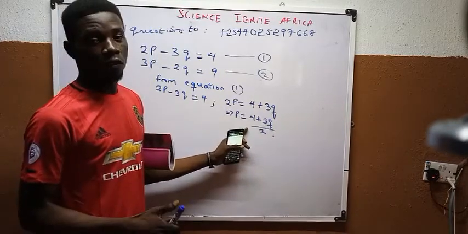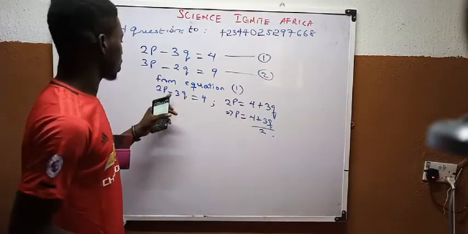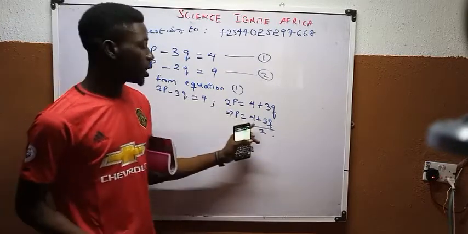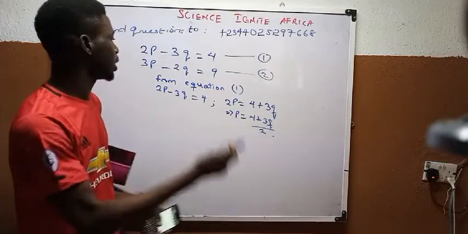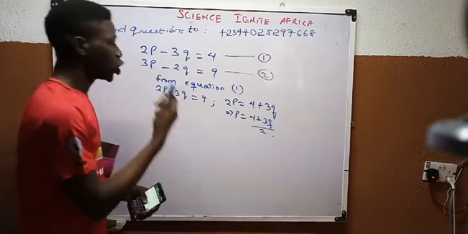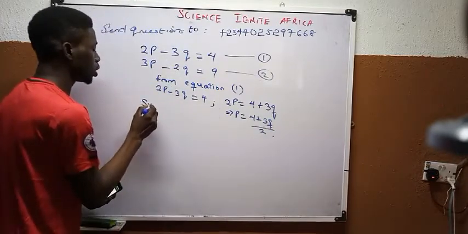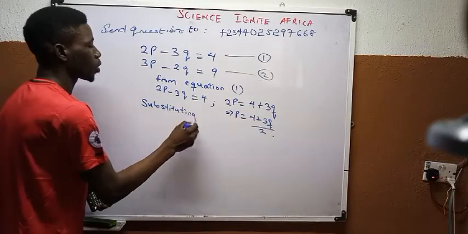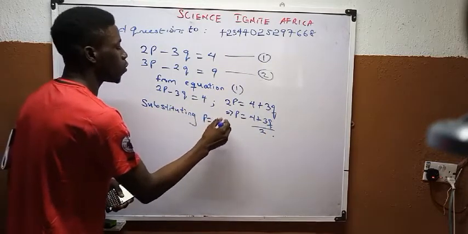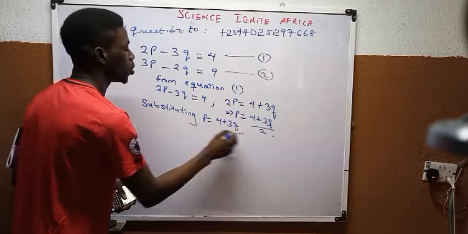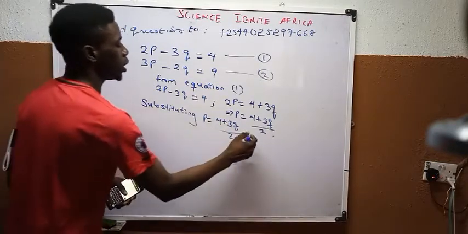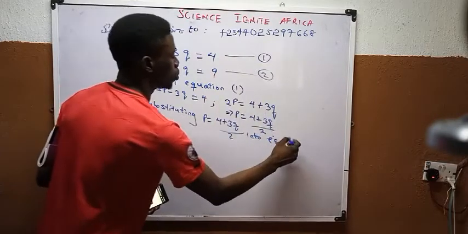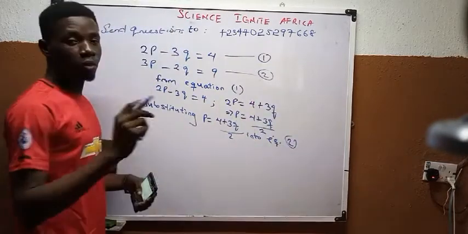Now, mind you, we got this value of p from using equation 1. So this value of p that we have gotten, we are going to insert it in equation 2. So we would say substituting p equals 4 plus 3q over 2 into equation 2.